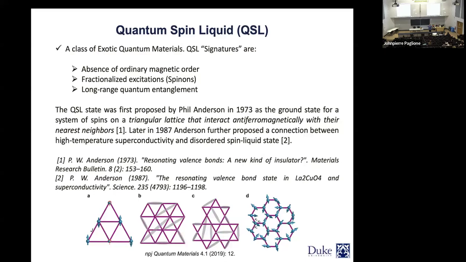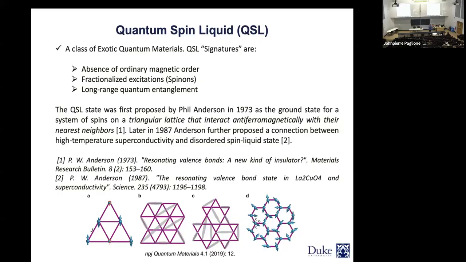So it's not that everything is just random; the spins are also seeing each other, and they talk to each other. Okay? So one of the things is the absence of ordinary magnetic order, so it doesn't want to order. Then there are fractionalized excitations, the agent that talks between the spins and tells them that they are entangled with each other. That agent is typically called a spinon, okay?